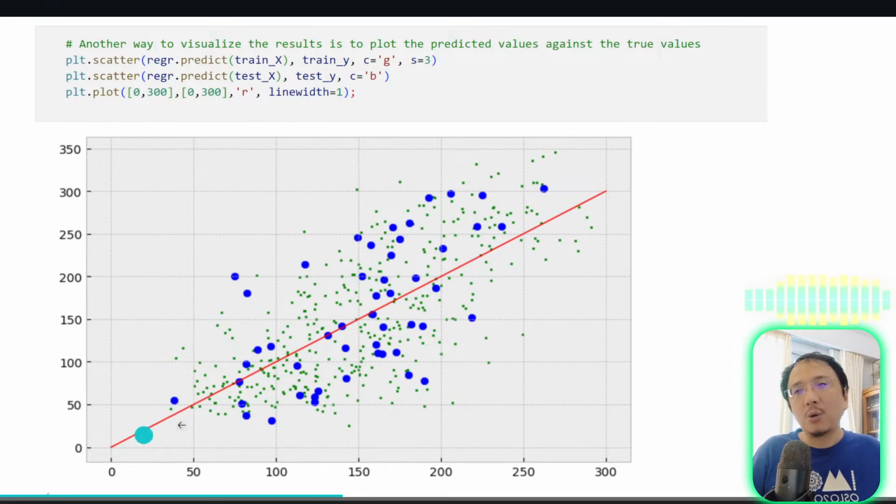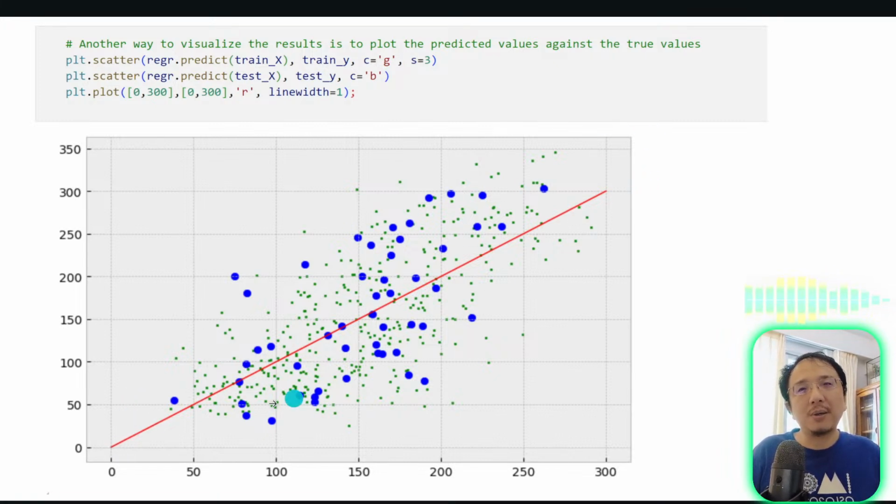This one, the red line, is just a diagonal line, independent of the model. It is a line of the equation y equal to x. The reason we need this line is to compare our result.